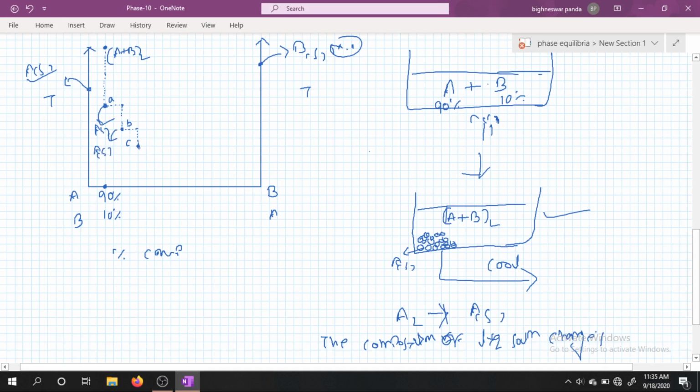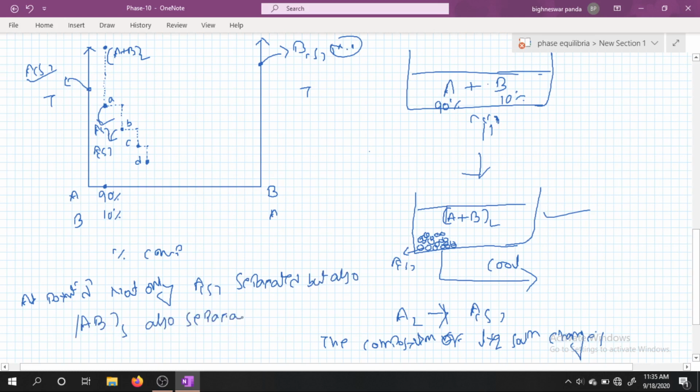Similarly, upon C the composition is changed. Consider point D. It is found that at point D not only A solid is separated but also AB solid is separated.